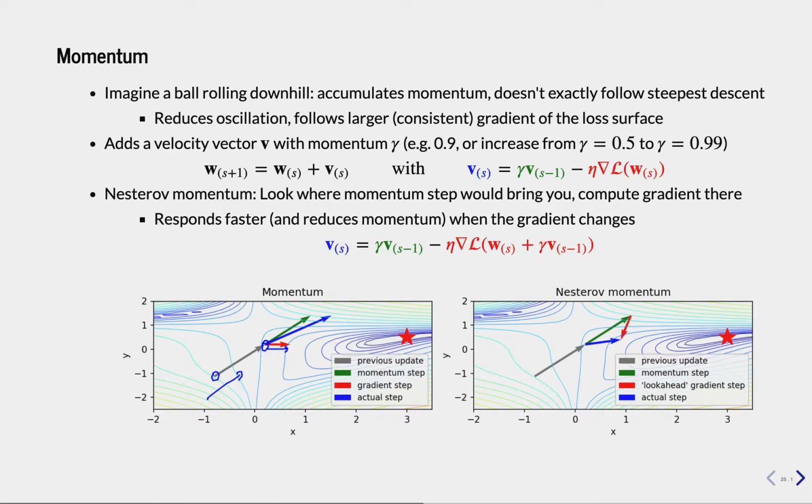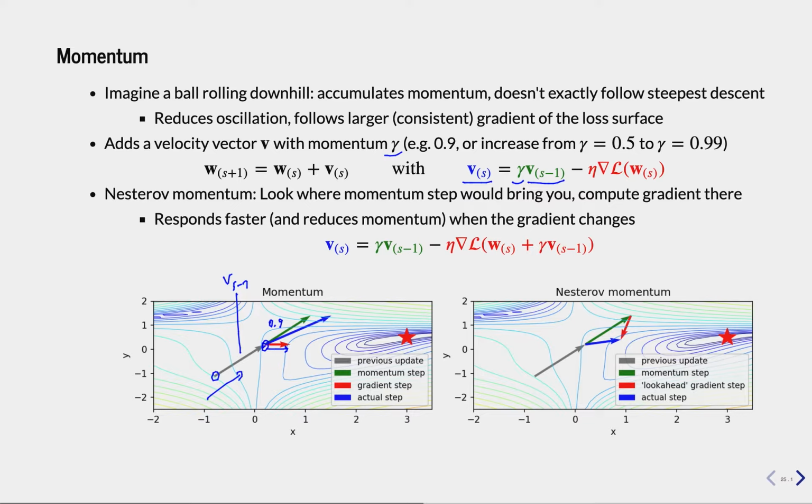times some parameter gamma. It's called the momentum factor. So this green arrow is basically 0.9 times this gray arrow. So this was the previous update. So this is basically v_{t-1}. And then the next step, the green, that's the actual step that you make, is gamma times our previous vector.